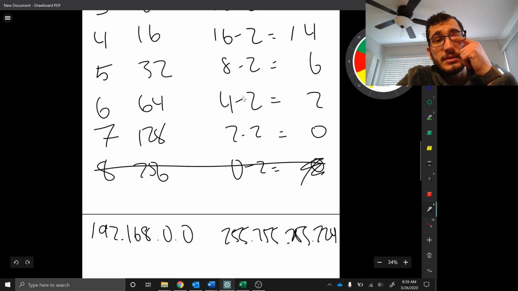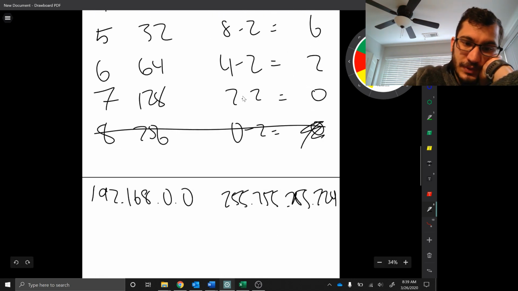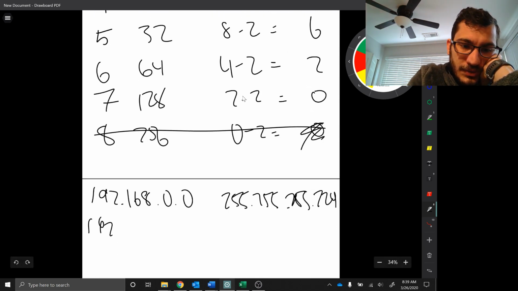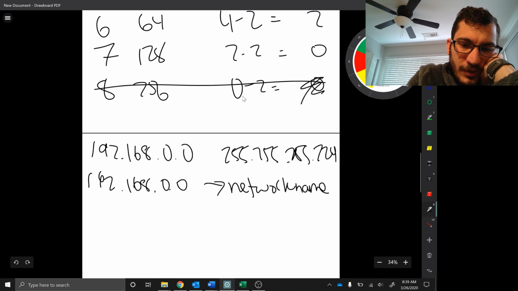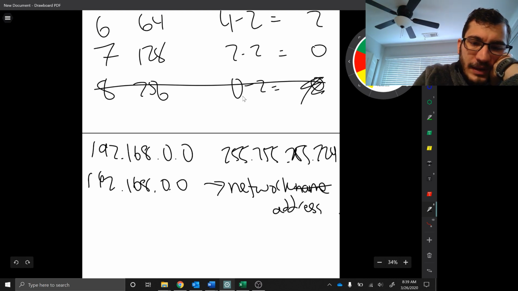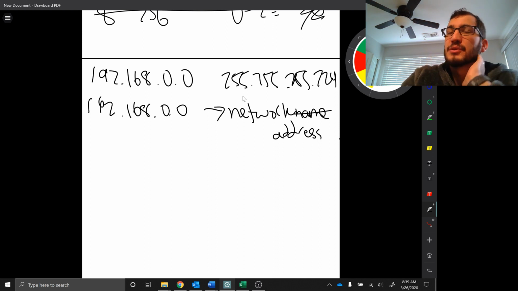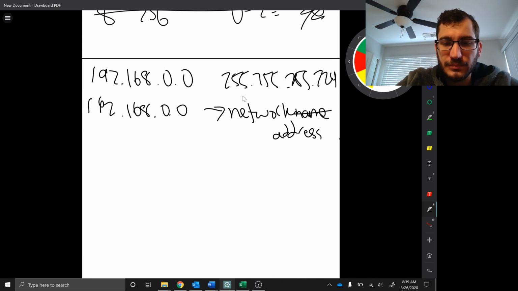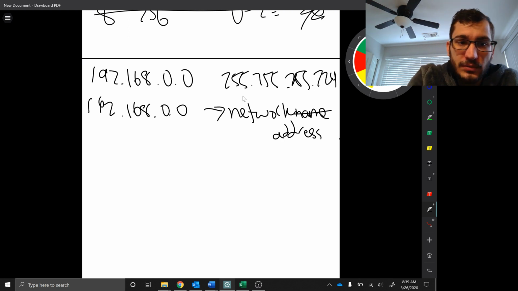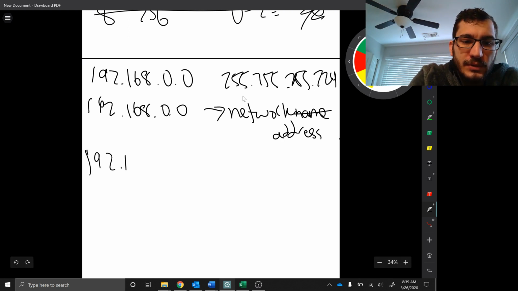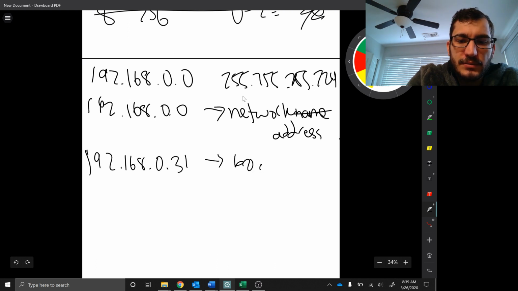So I've borrowed 3 bits, so I have 32. 192.168.0.0 is our network name, or network address actually. And the last IP in this subnet, there's 32 IPs in this subnet, and it starts at 0. So we do 192.168.0.31. This is our broadcast address.